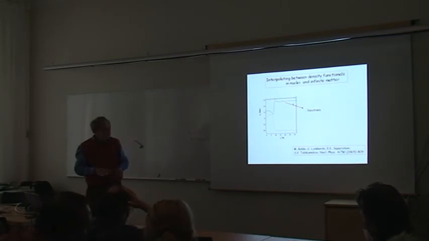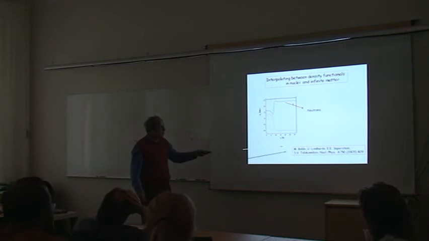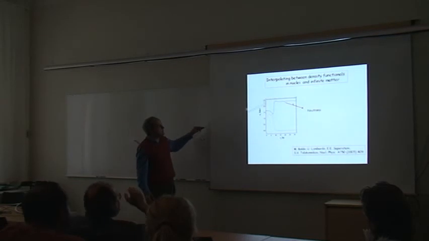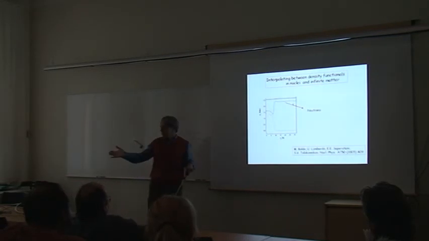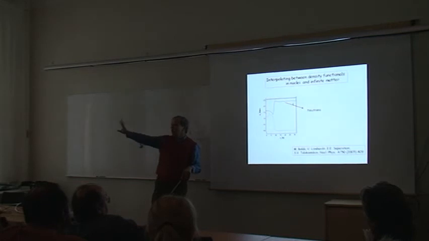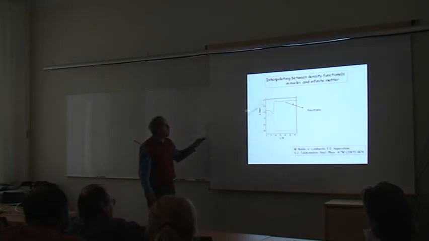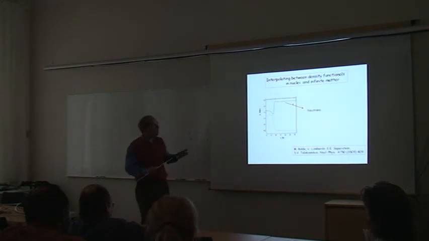One was made by Baldo, Lombardo, Schuck, Tolokonnikov, and what they've done is simply interpolate in the crust between density functionals. They say, I have a density functional that takes care of these many body effects in the homogeneous part, and then I can use a density functional approach for my finite nucleus, like Vigezzi, for example, and match them.